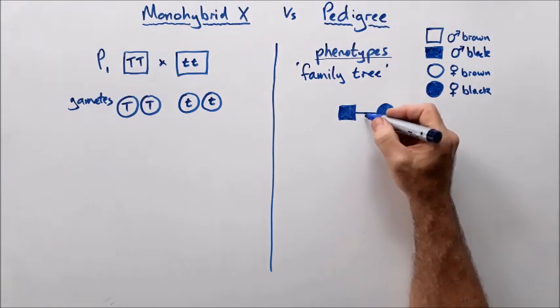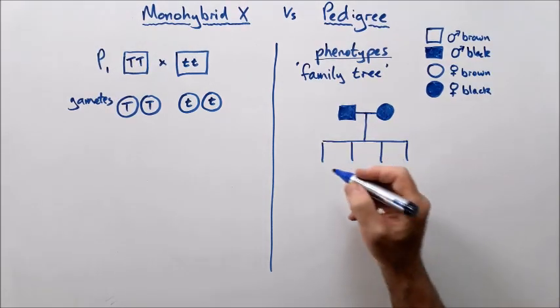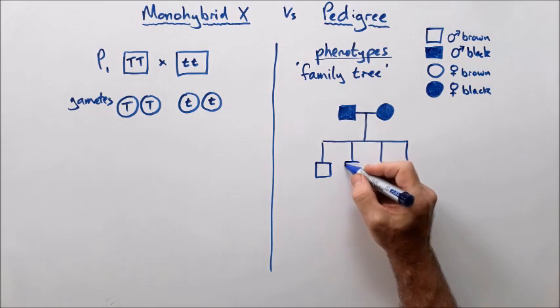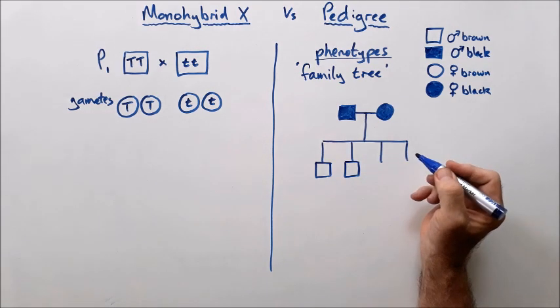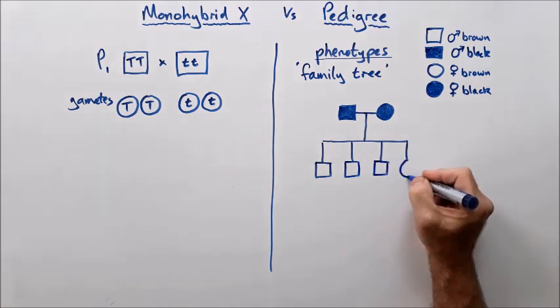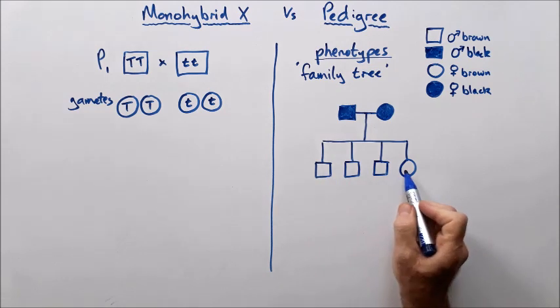Now let's say these parents have 4 children. And let's say there were 3 male children and 1 female child. So that's not unusual. Now that is not a probability, that is the actual situation.